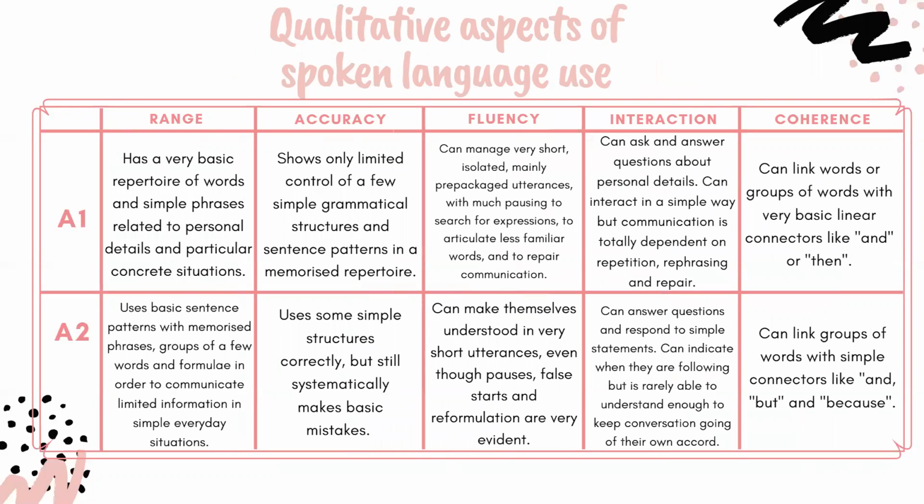With this scale, we can evaluate the qualitative aspects of speaking: range, accuracy, fluency, interaction, and coherence. As these are basic levels, users have limited vocabulary and they can use some simple structures, sometimes from a memorized repertoire.